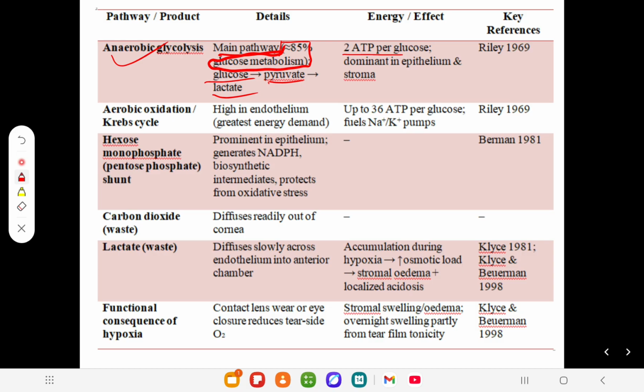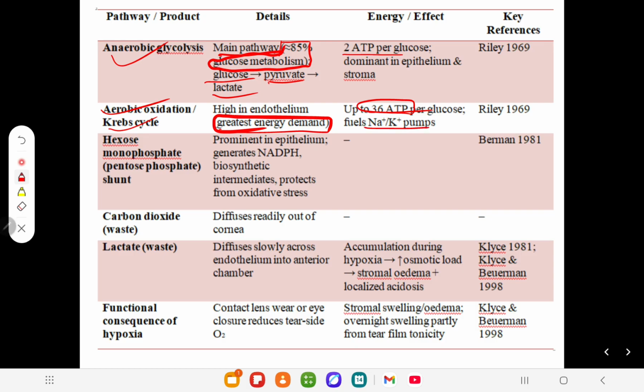Aerobic oxidation, which is the Krebs cycle, is highest in the endothelium. Why? Because the endothelium has the greatest energy demand for its pump function, isn't it? It uses 36 ATPs per glucose, a rough idea, and the demand is high in the endothelium because of the pump mechanism.